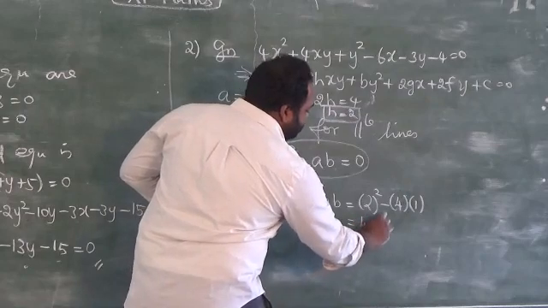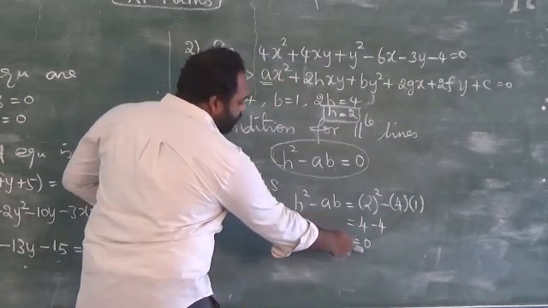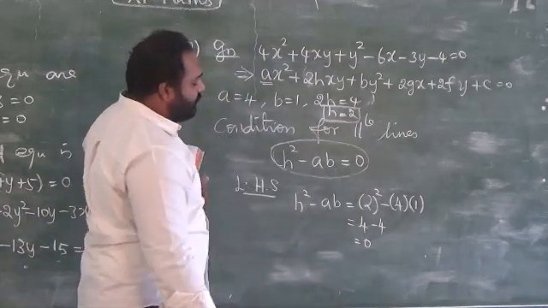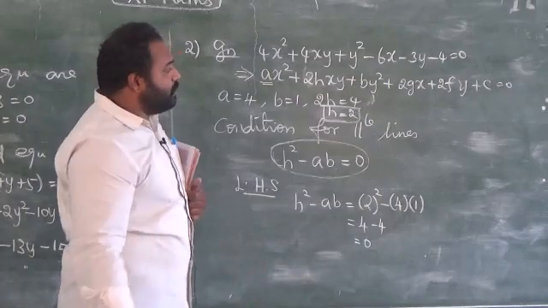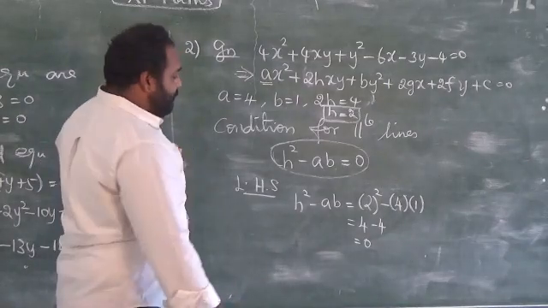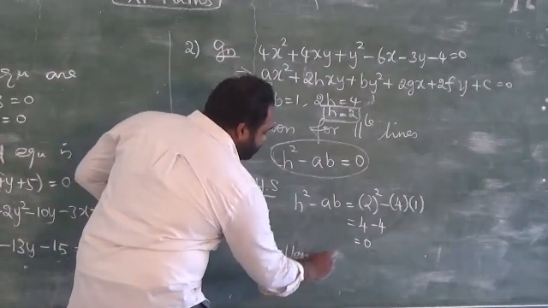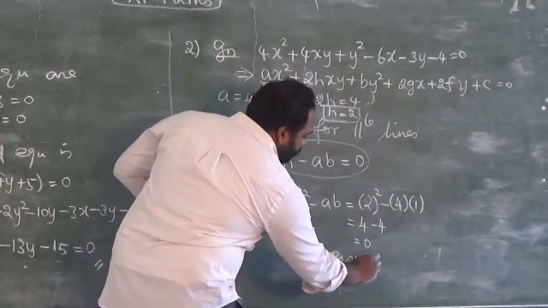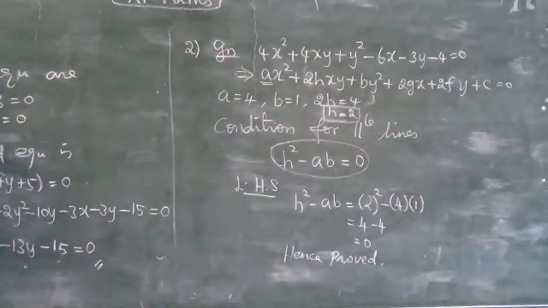It is 4 minus 4 equal to 0. So LHS equal to RHS. h square minus ab is 0. So by this condition we can conclude the given equation is a pair of parallel lines. Hence proved. So the second question is over.